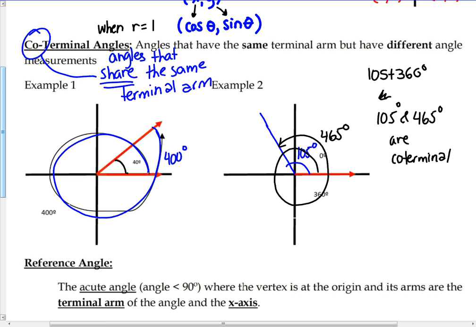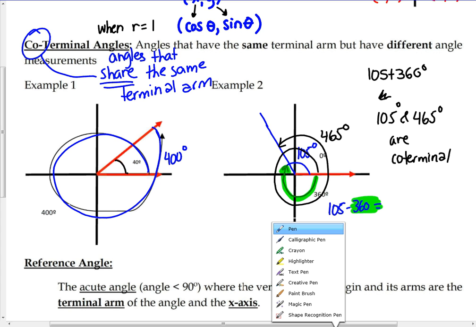We could also subtract 360. You can have negative angles, and negative angles rotate in a clockwise direction as opposed to counterclockwise. So another coterminal could be this angle here. Can you see the green here? Maybe I'll highlight it. This angle here would be a negative angle. The green one would be 105 minus 360. What does that equal?